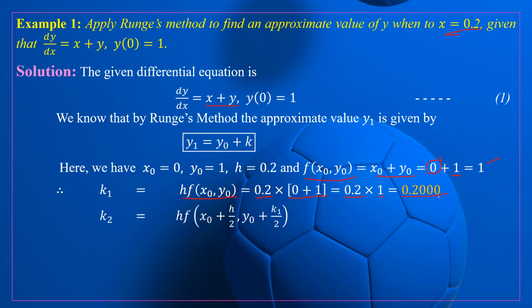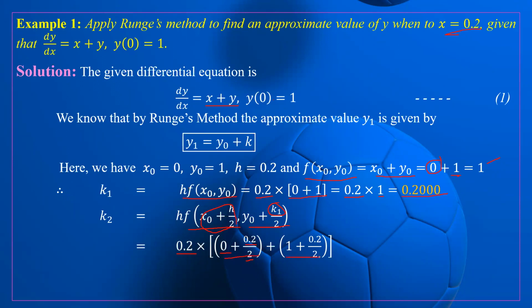Let us consider what is k2. K2 is h times f(x0 + h/2, y0 + k1/2). K1 we have already calculated in the first step, so we put the value of k1 here. So 0.2 is the value of h, and x0 = 0, h = 0.2, divided by 2, plus, because this total term is x and this total term is y, and f(x, y) is x + y.